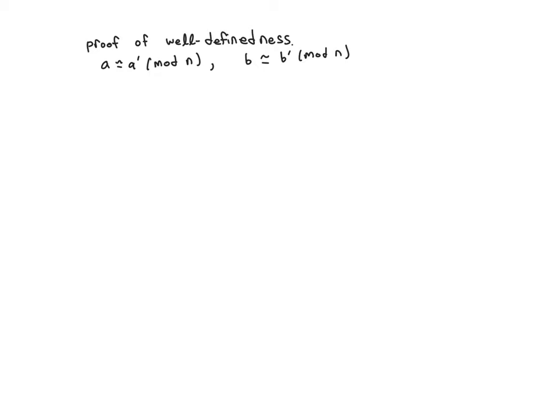So in other words, if a is congruent to a prime and b is congruent to b prime, I need to show a plus b is congruent to a prime plus b prime. That allows me to conclude that my addition operation is well defined. It does not depend on my choice of representative of my equivalence classes. Or to use my fraction analogy, it didn't depend on how I chose to write the fraction as a numerator over a denominator. So we want to show a plus b is congruent to a prime plus b prime.